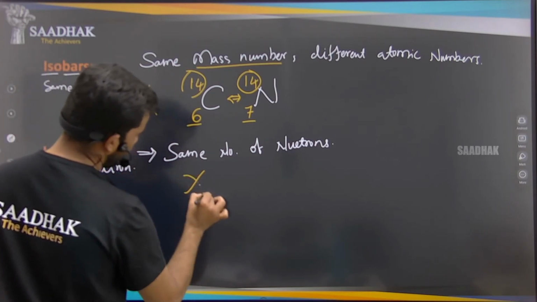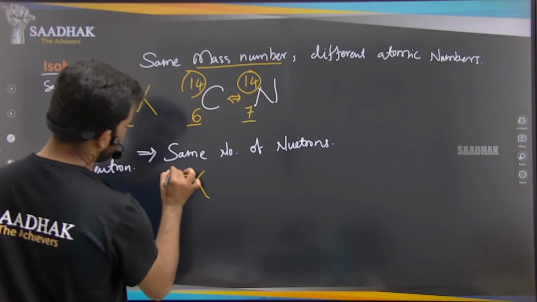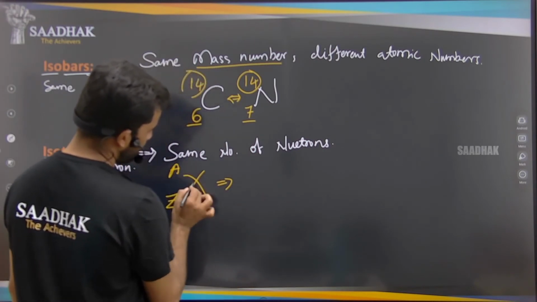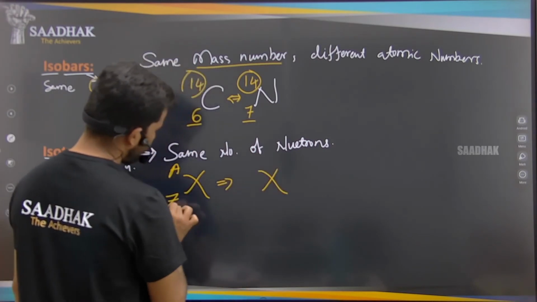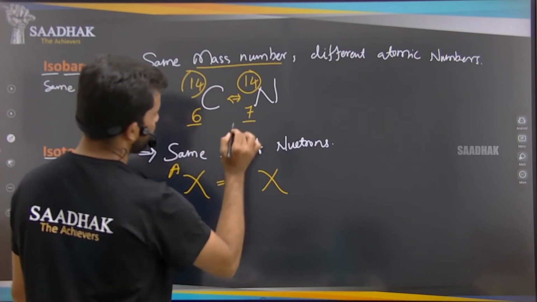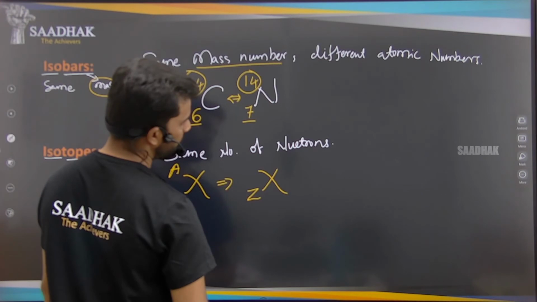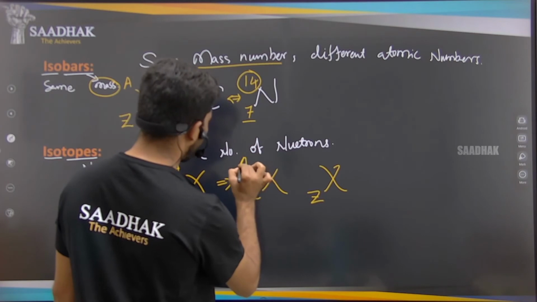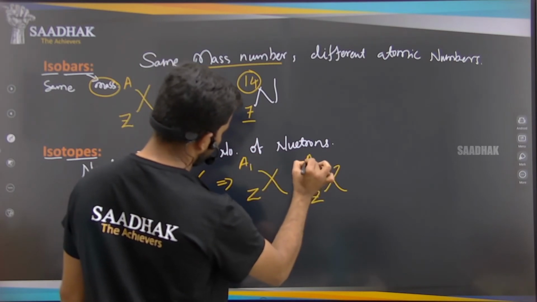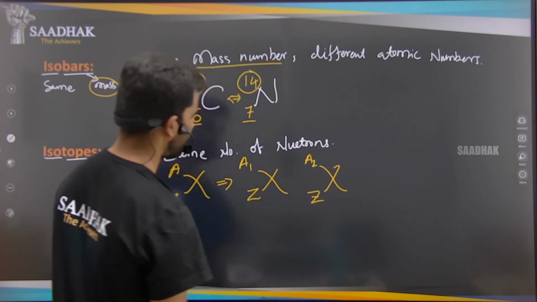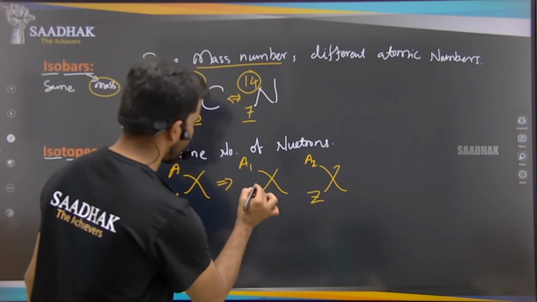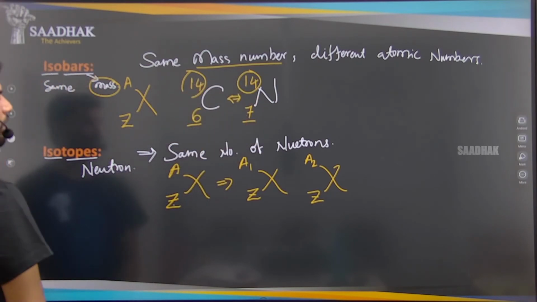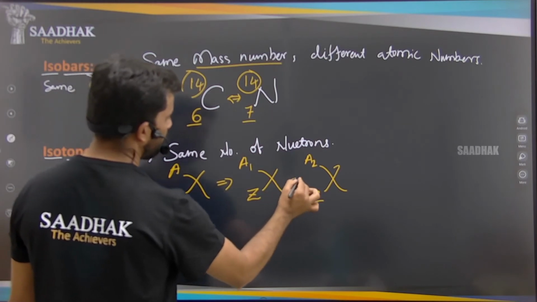If this is our species with Z and A, here is another species of the same atom. Z will be the same in both cases, but the mass number A will be different. This is how the isotopes will be.